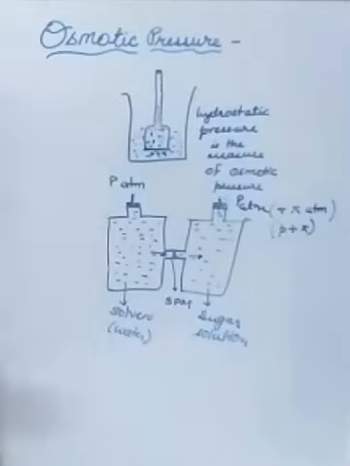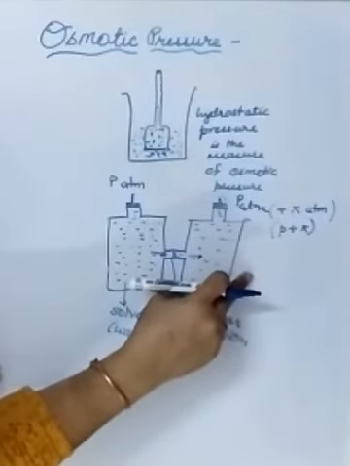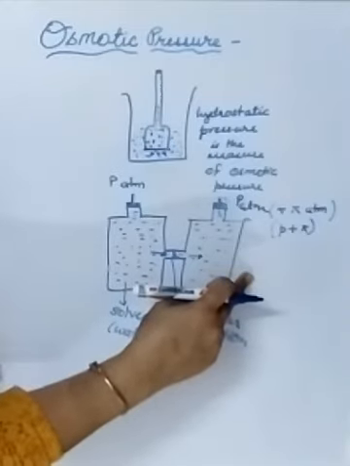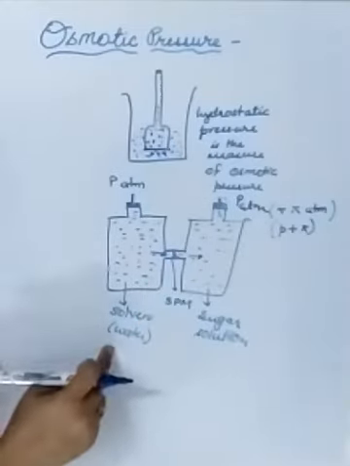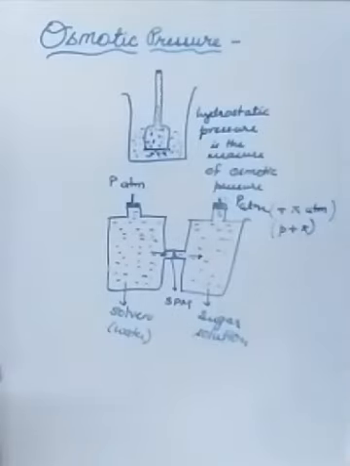Normally we say osmotic pressure is the excess pressure applied on the solution side which stops osmosis. So what is osmosis? It is the passage of solvent particles to the solution side through the semi-permeable membrane.